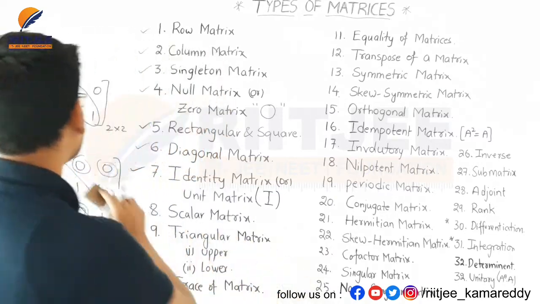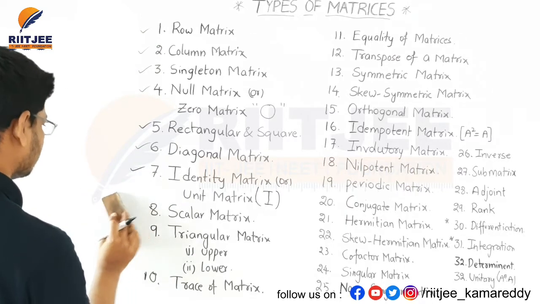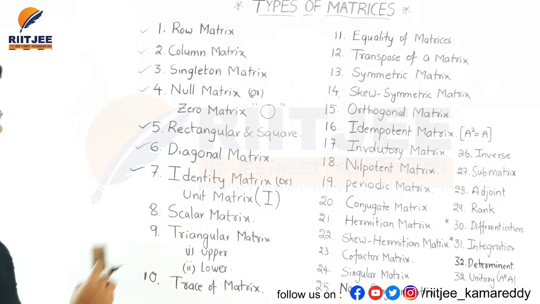Next, the next type of matrix is the scalar matrix.